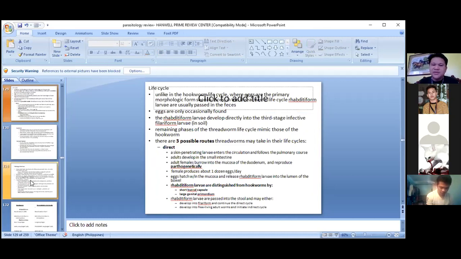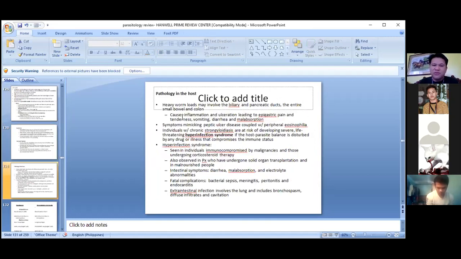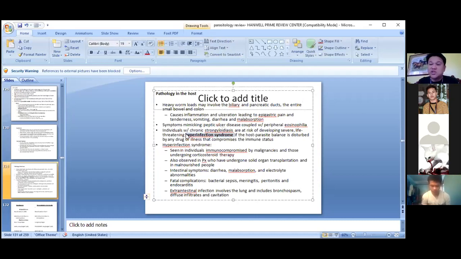Kaya nyo na, may COVID pa rin kayo. Naintindihan? Okay, so my dear friends, I was talking about the life cycle, and now we proceed to the pathology of the host. Ito, lumalabas din kalimitan sa board exam, hyperinfection syndrome. What is hyperinfection syndrome? Patients having Strongyloides stercoralis become immunocompromised. Immunocompromised would mean you are inviting other parasites, other organisms, bacteria, fungi, viruses to attack your body. Naintindihan? Okay. It has something to do obviously with the status of a person.